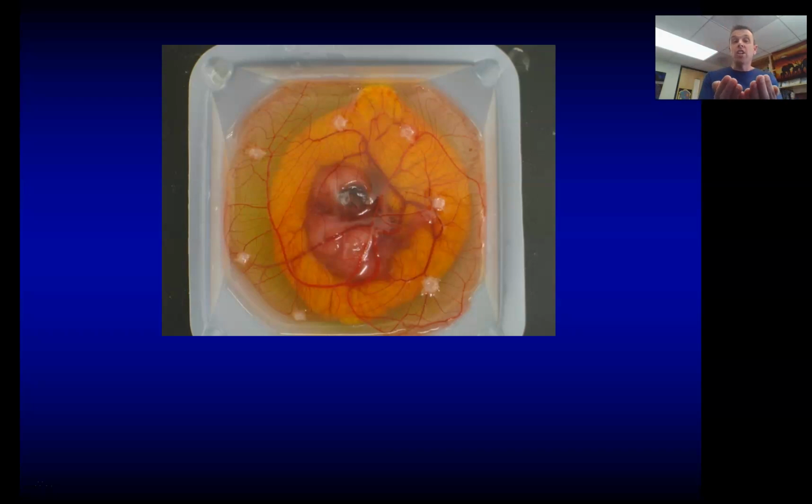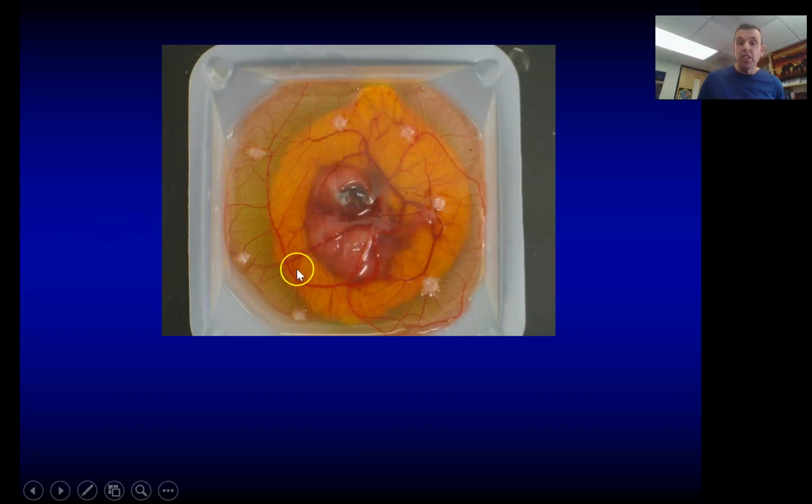And that's for gas exchange. But if you take the chick embryo out of the egg, we can actually grow these chick embryos from the time when they're just this tiny little heartbeat to when they're a full-fledged, almost full-fledged chick. And if you want to do that, take developmental biology, because we will actually do that in developmental biology.